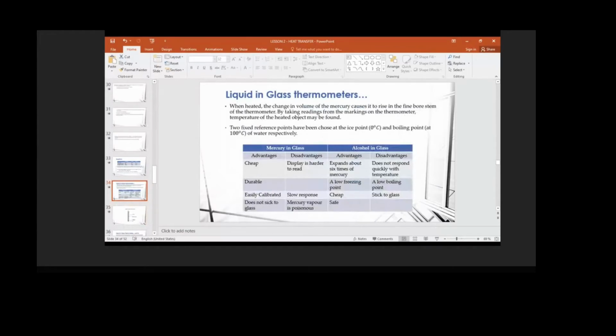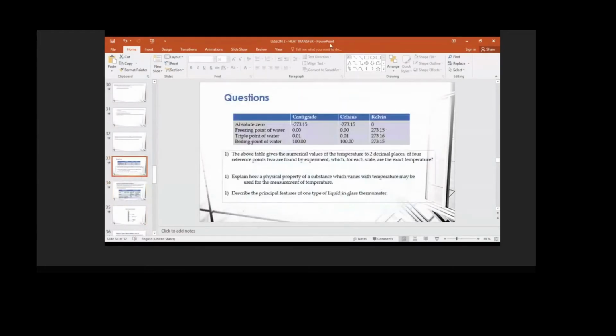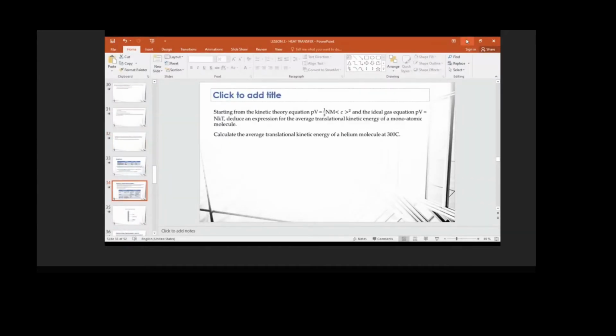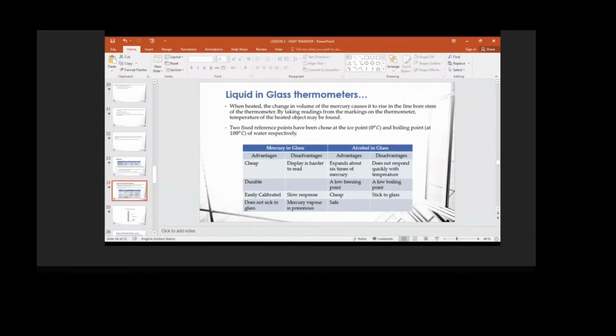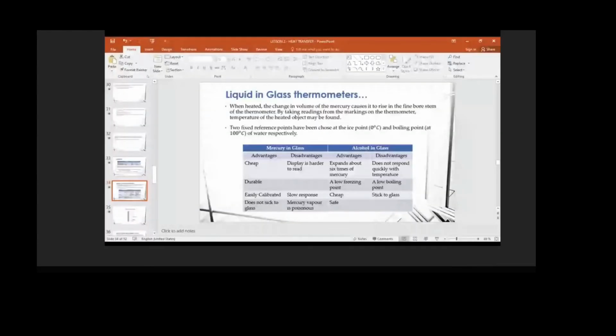We're coming down. Good. Now, before we go to the thermometers, the work done can be negative and it can be positive. Why do you think work can be positive or negative?